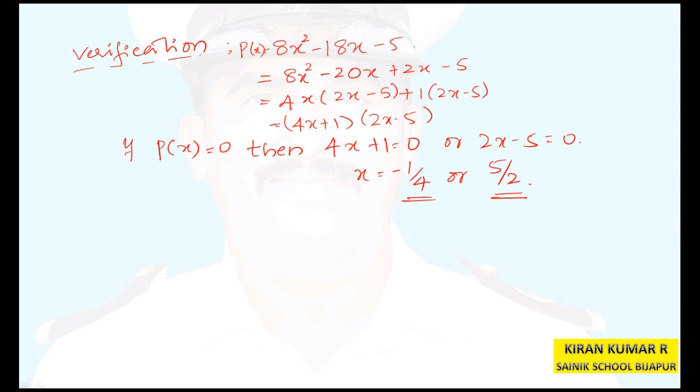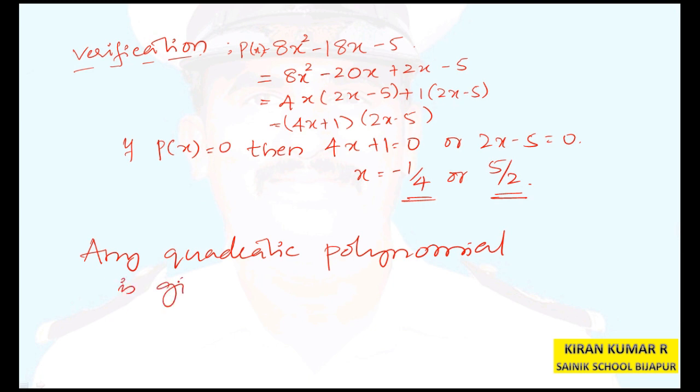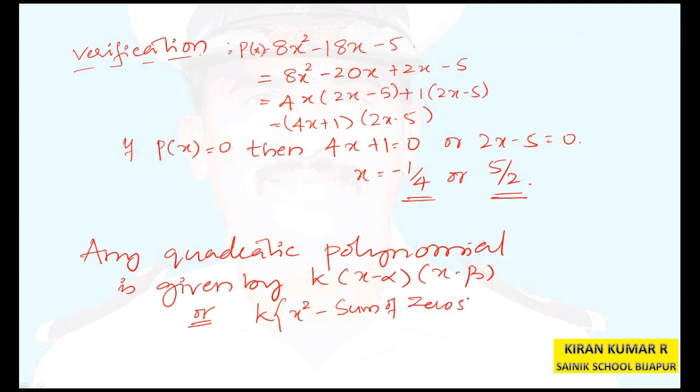So in general, you must understand, any quadratic polynomial is given by k times x minus alpha into x minus beta, or k times x square minus sum of zeros into x plus product of zeros.